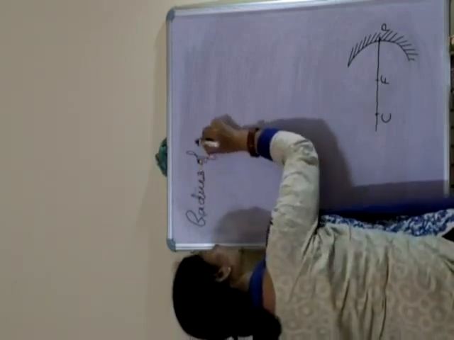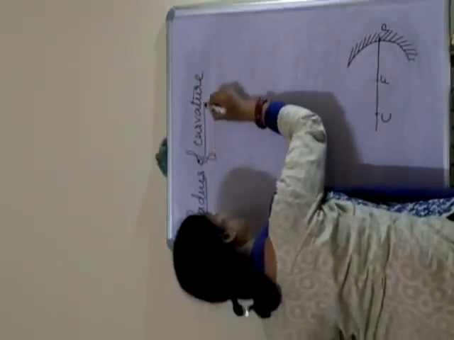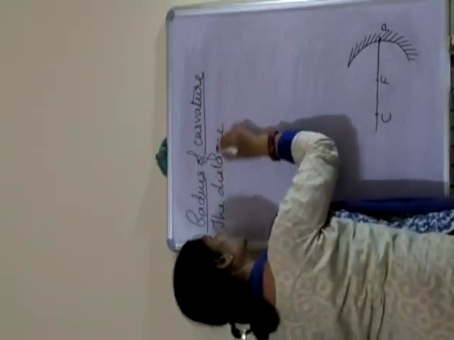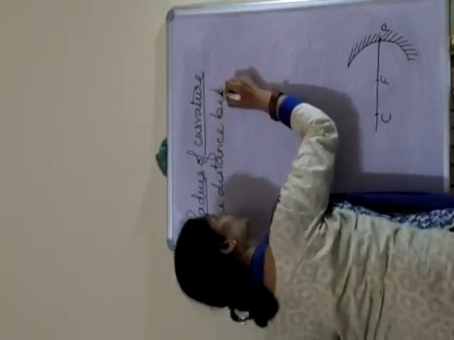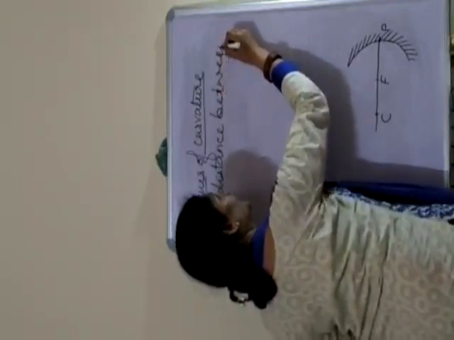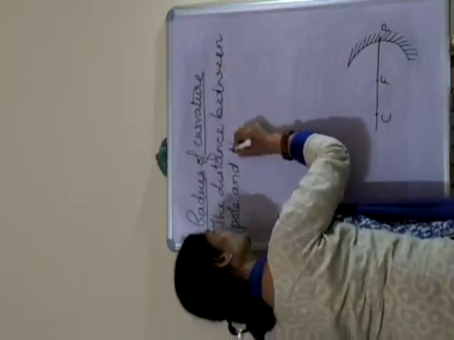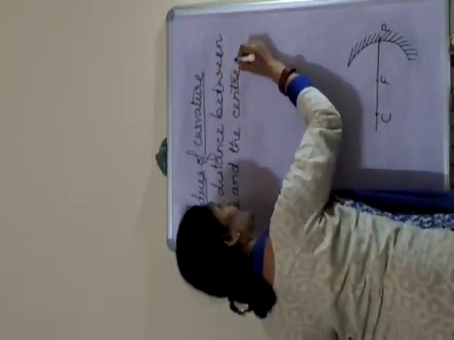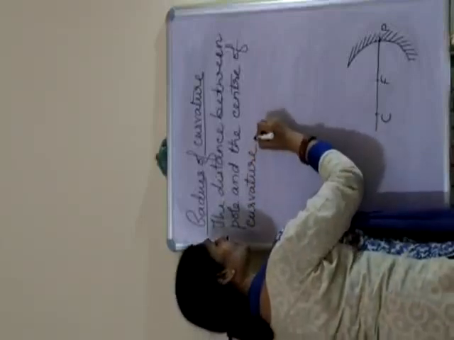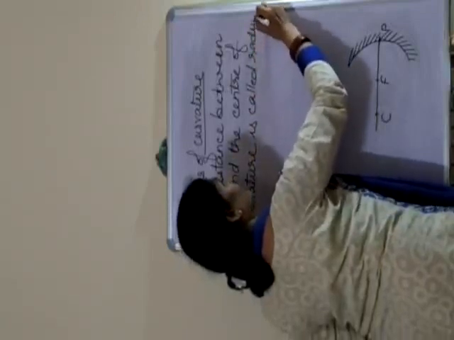Radius of curvature: the distance between the pole and the center of curvature is called radius of curvature.